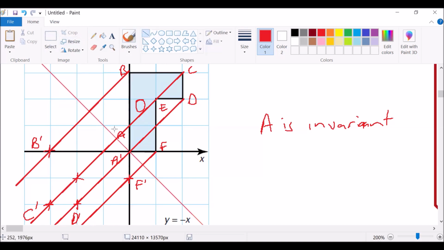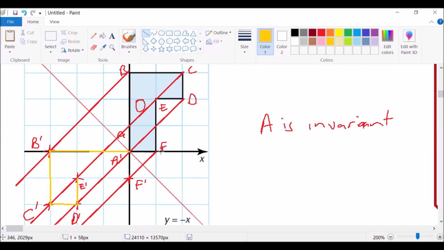Now we join corresponding points. A is joining to B, so A bar will join to B bar. B bar will join to C bar. D is joining to C, so D bar will join C bar. This point here is E bar. E is joined to D, so E bar will join to D bar.